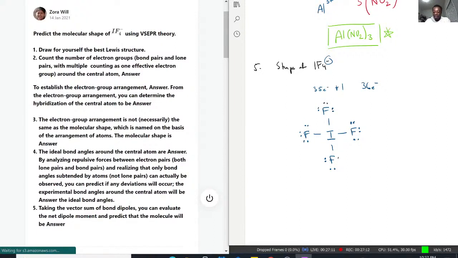So now we have this. But iodine as well is sharing 4 of its 7, so it would be 5, 6, 7. Now iodine has an unpaired electron.